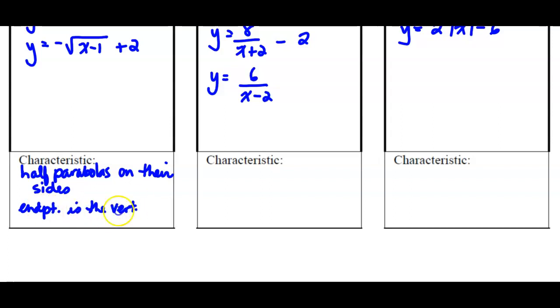We still use the word vertex, and now I'll use the word horizontal parabola because that's actually faster to write. Okay, one endpoint is the vertex of the horizontal parabola, and the other goes to infinity. So that says endpoint, abbreviated, is the vertex of the horizontal, abbreviated, parabola.